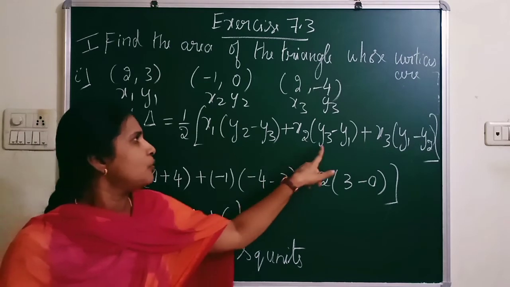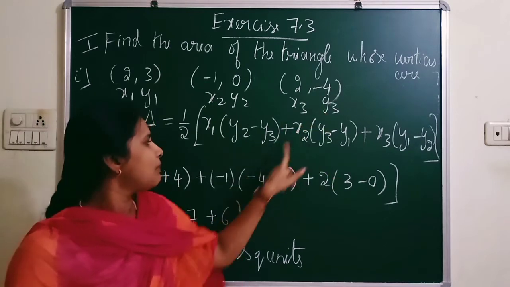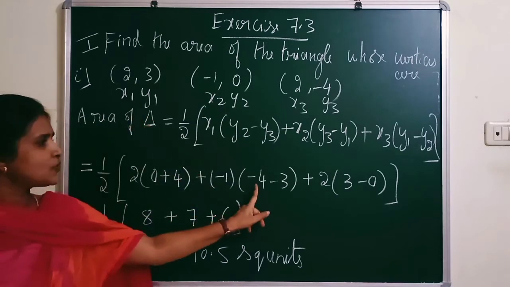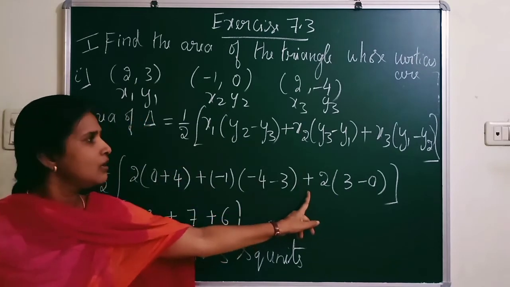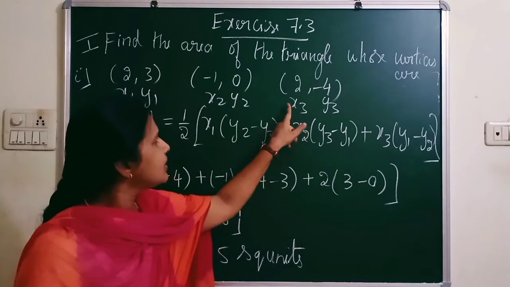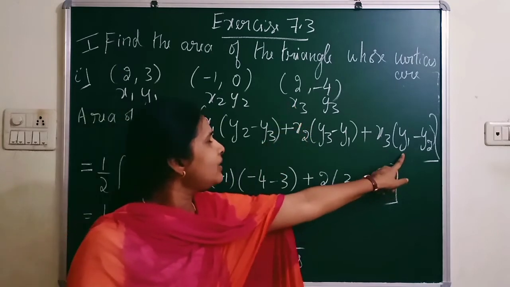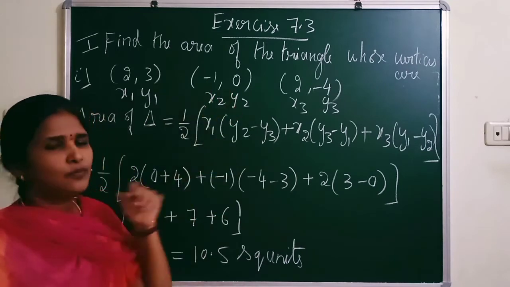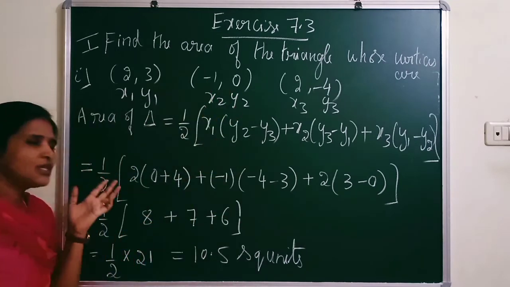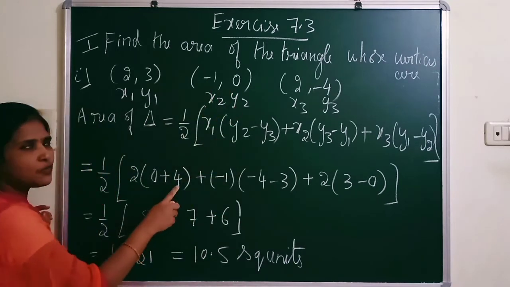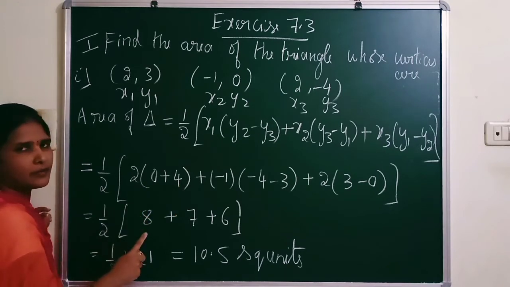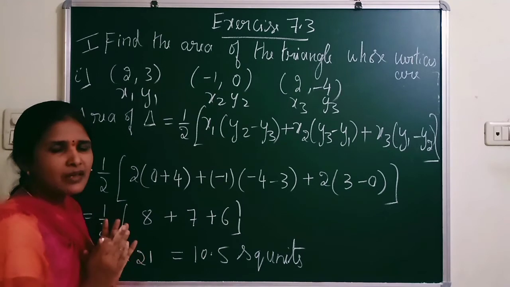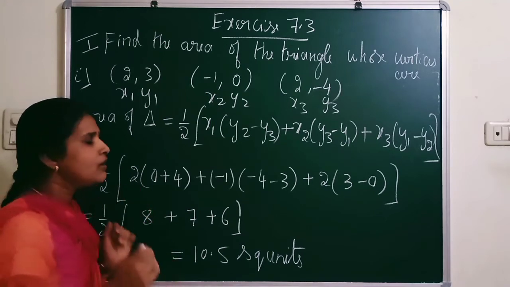In the bracket, y3 is minus 4 minus y1 is 3, so minus 4 minus 3. Plus, what is x3? x3 is 2. In the bracket, y1 is 3 minus y2 is 0. So everything I have substituted. Now, simplify. 0 plus 4 is 4. 4 2s are 8. Be careful with the minus sign. Whenever you have a minus sign, be alert and conscious when you are writing the answer.